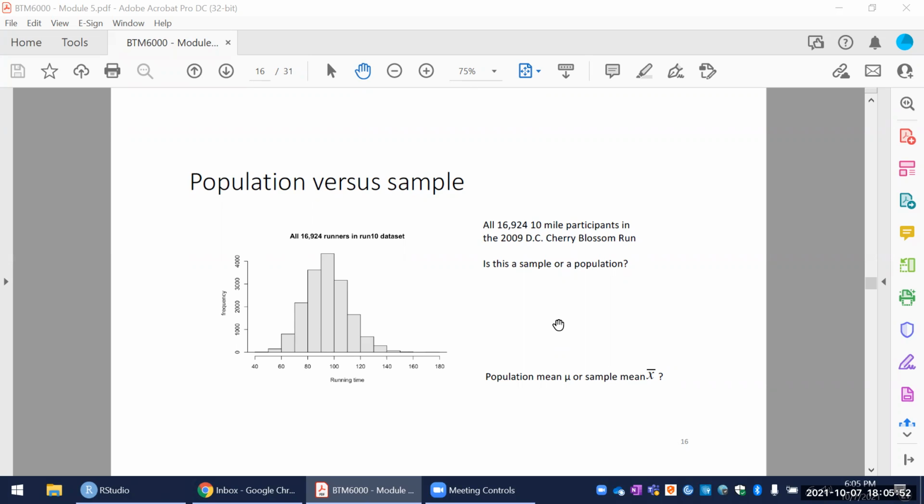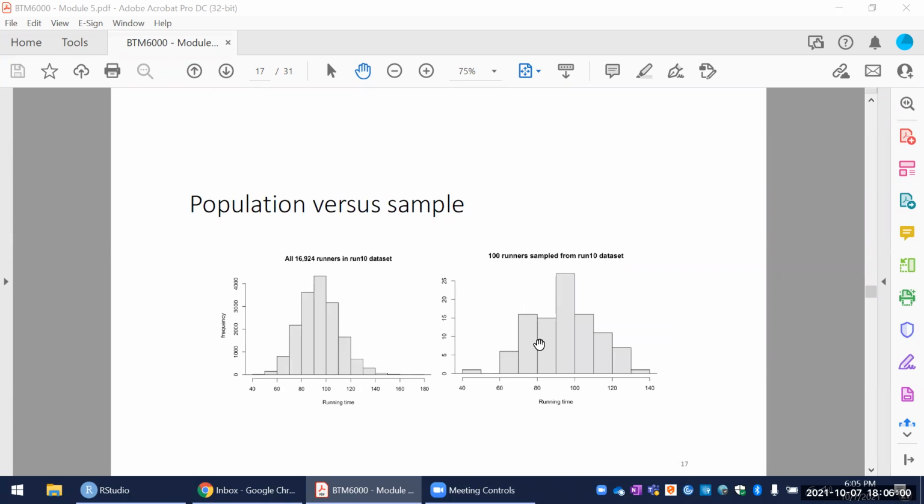Given that these are all the runners, this is the population of interest for our study. Now if we draw a sample from our population, we obviously get smaller sample sizes because we're only drawing 100 runners, but we get a distribution that to some extent represents the distribution of the overall population.